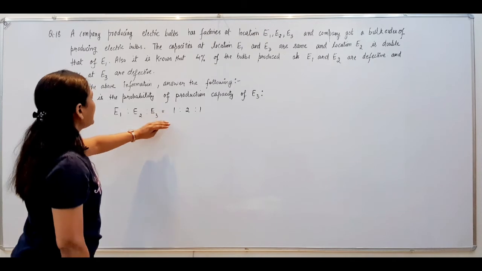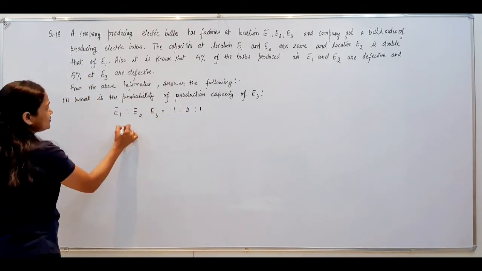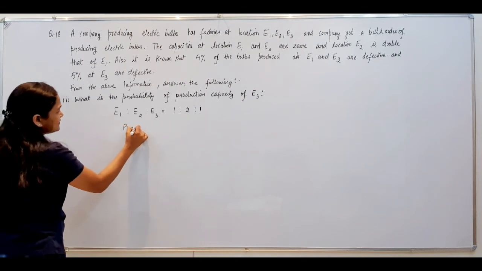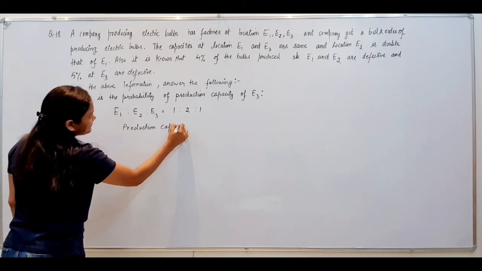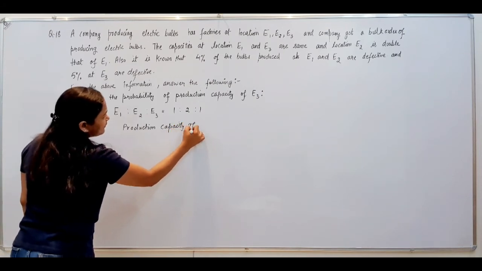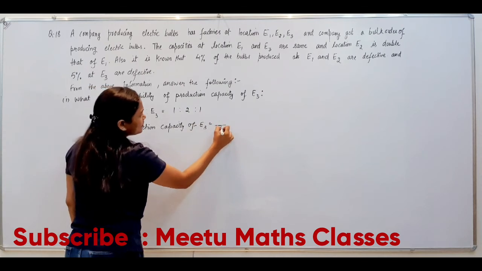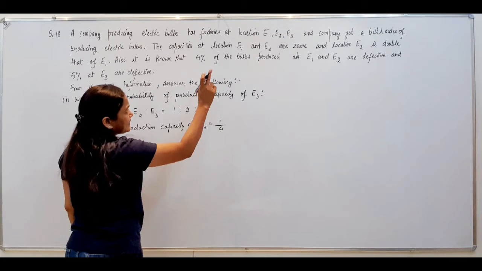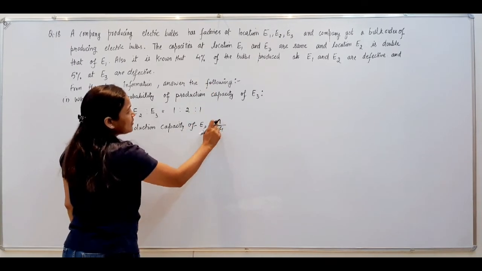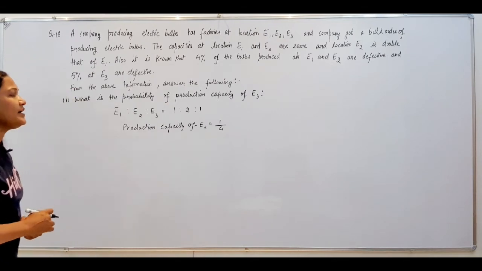Now you can easily find out the production capacity of E3. So the production capacity of E3 is, out of 4, the E3 factory will produce 1 part. So 1 by 4 is the production capacity of E3.